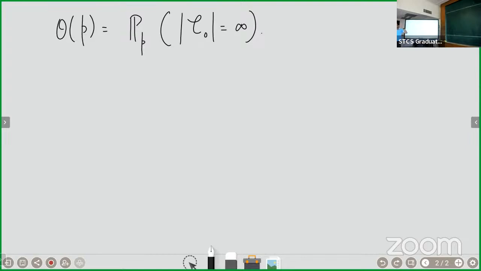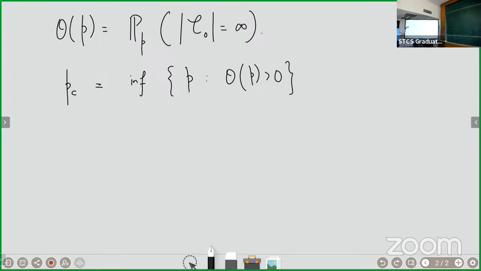I'm just denoting it as theta. The critical probability p_c is the smallest p at which theta(p) is positive. That's what my quantity of interest is.